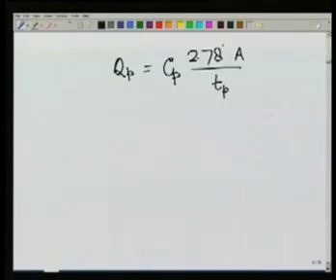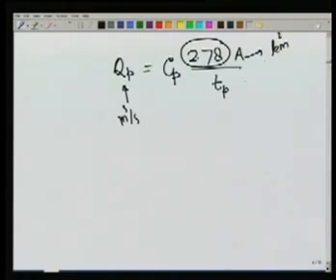Now this 2.78 factor comes by conversion of units of kilometer square and hours to get Qp in meter cube per second. So we take Tp in hours, A in kilometer square, Qp in meter cube per second, and this Cp again can be obtained from the data on the gauged catchment.